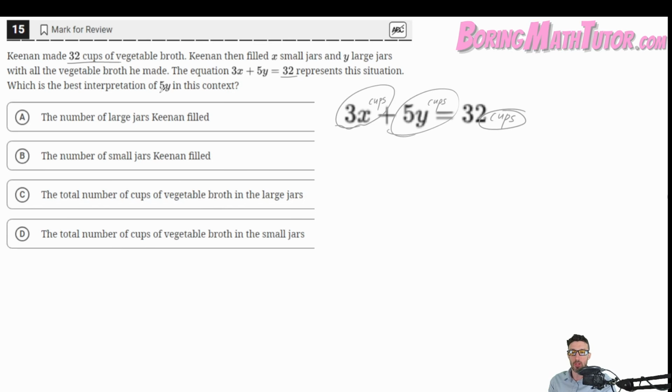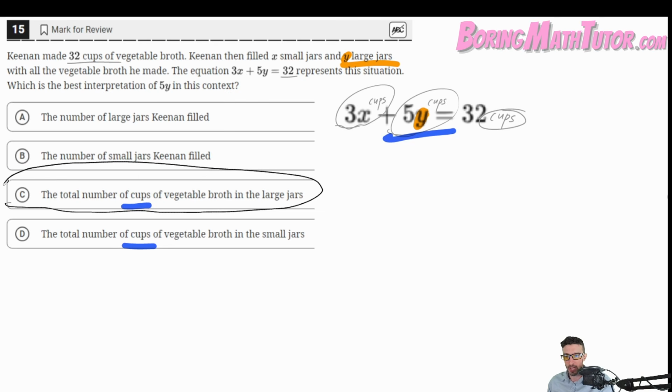Okay, but they want to know the interpretation of 5y. Well, 5y must be measured in terms of cups. So I better see the word cups in my answer. Now, is it the total number of cups of vegetable broth in the large jars, or is it the small jars? Well, it has to deal with the y, and the y is for the large jars. So now I just read this, and I just double check that it makes sense.